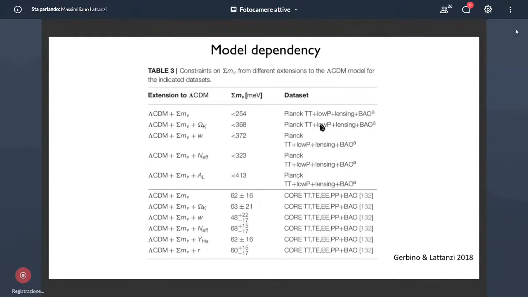This refers to Planck 2015 data, but just to get an idea. You start from the limits for a simple extension of lambda CDM, and then you start adding either curvature or a varying equation of state parameter for dark energy, and you see how the limits get degraded.